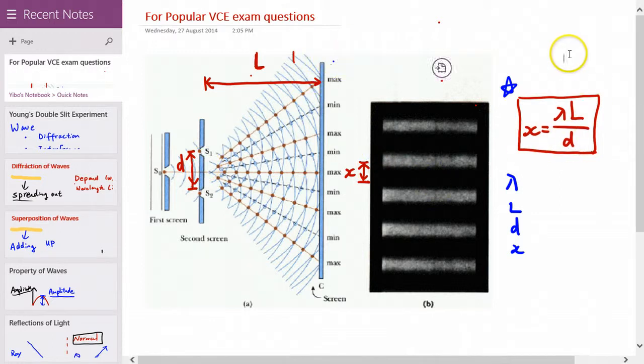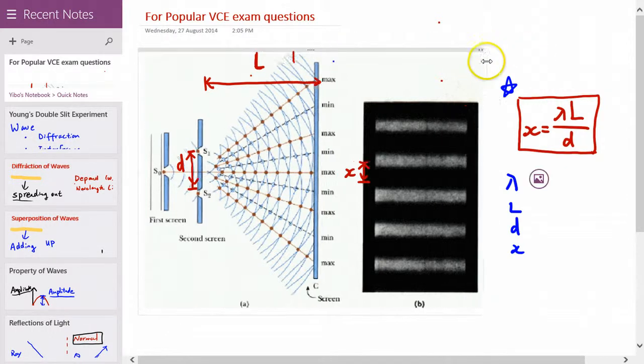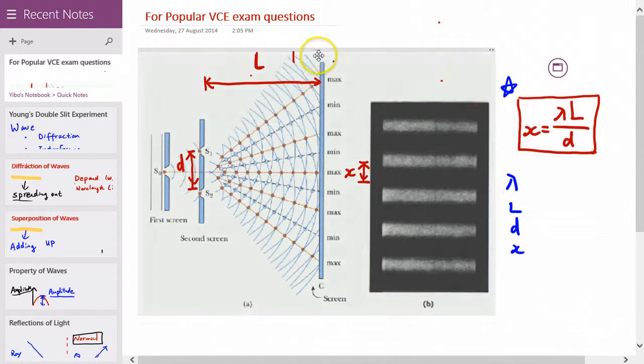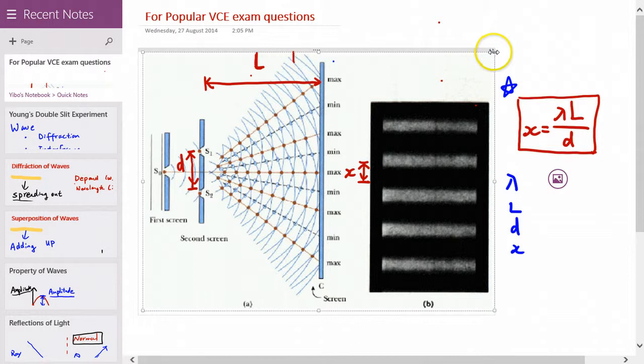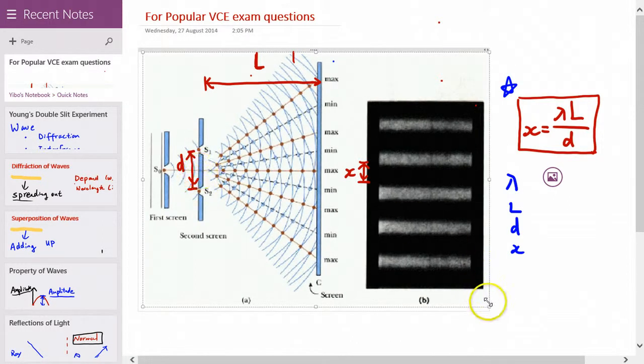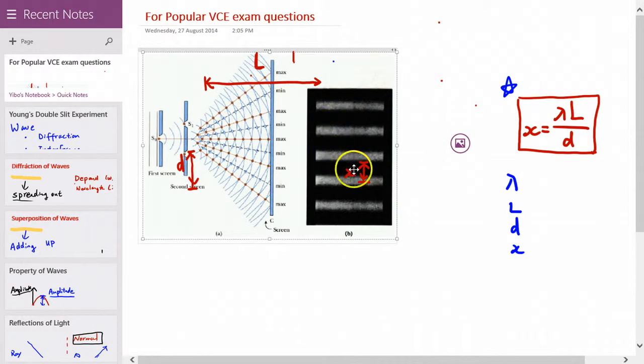So the idea is, if I decrease the length, or if I decrease the distance between the slits, my pattern will be narrower.